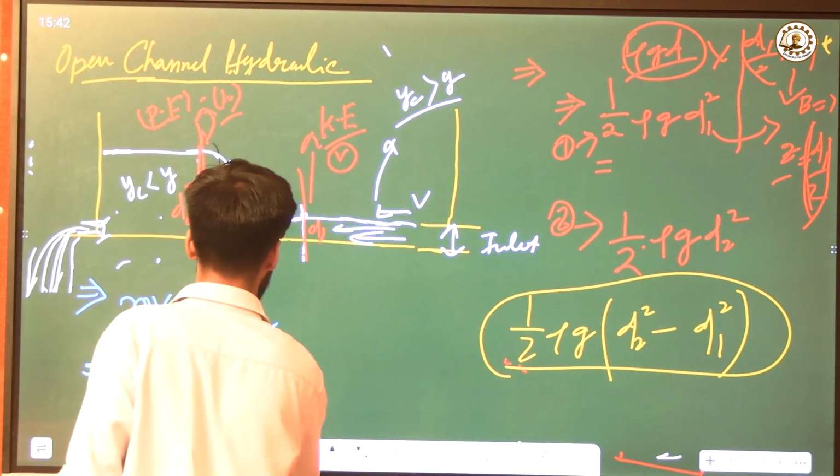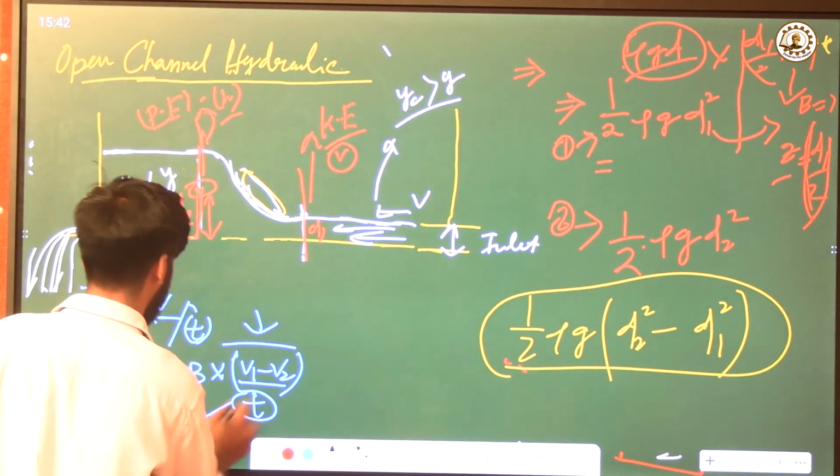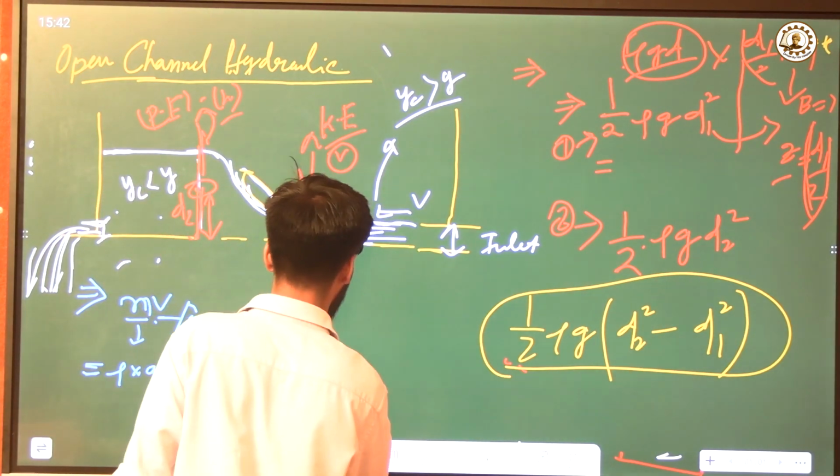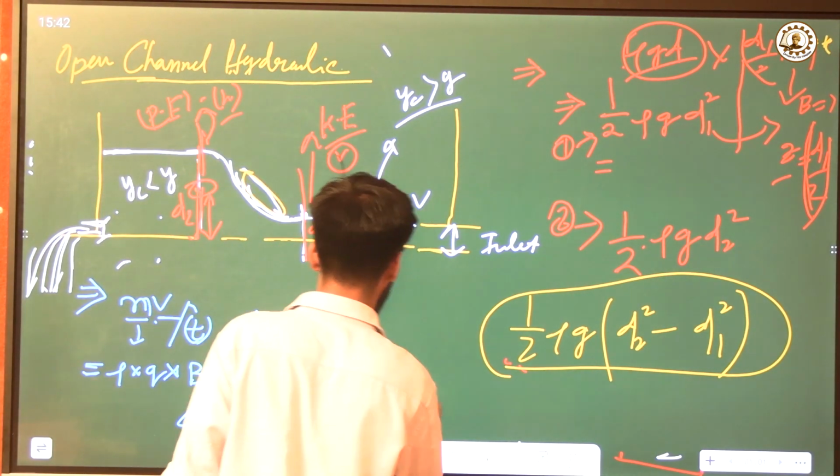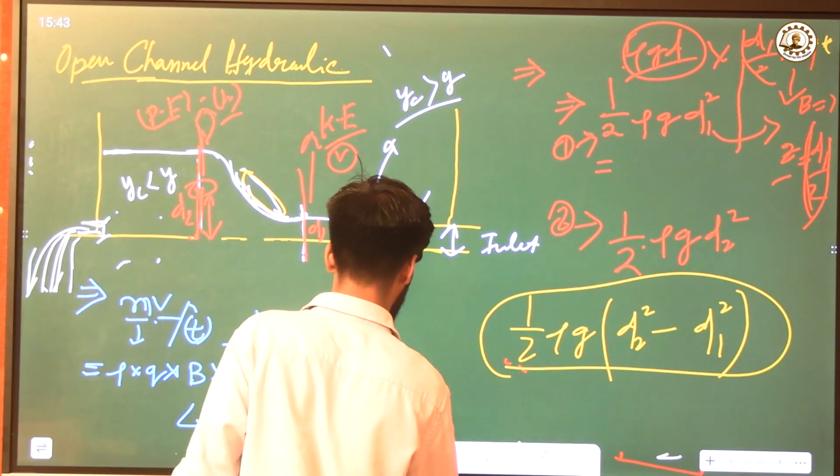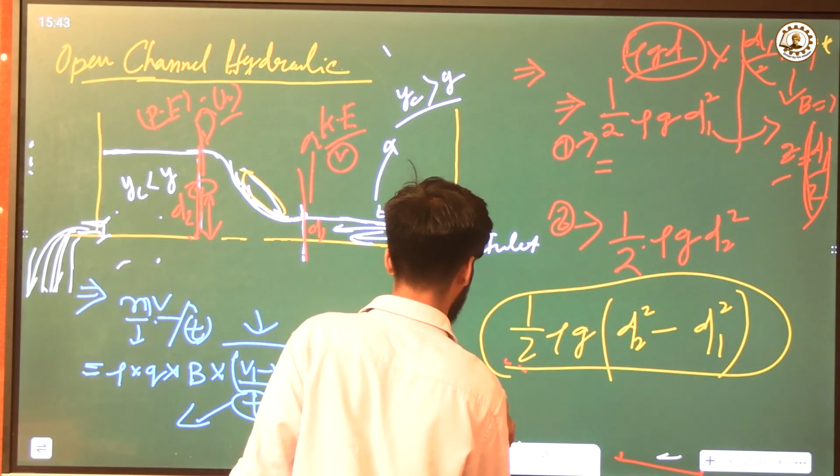Now if we have the mass per second, then this value becomes rho q into V1 minus V2.